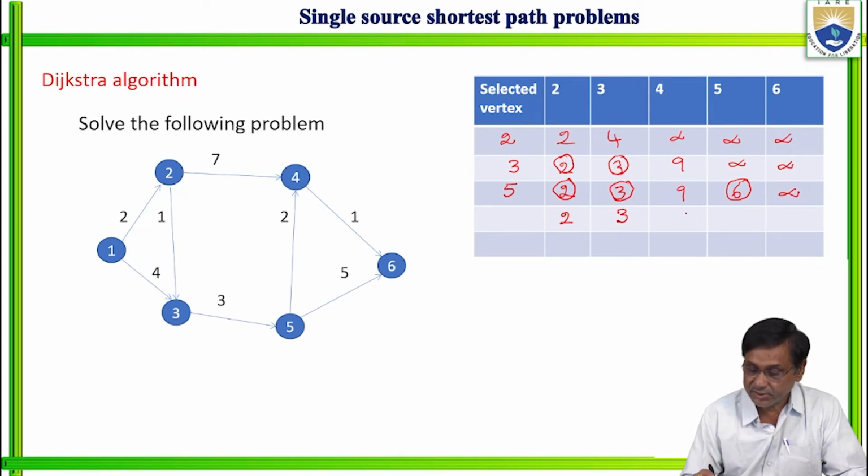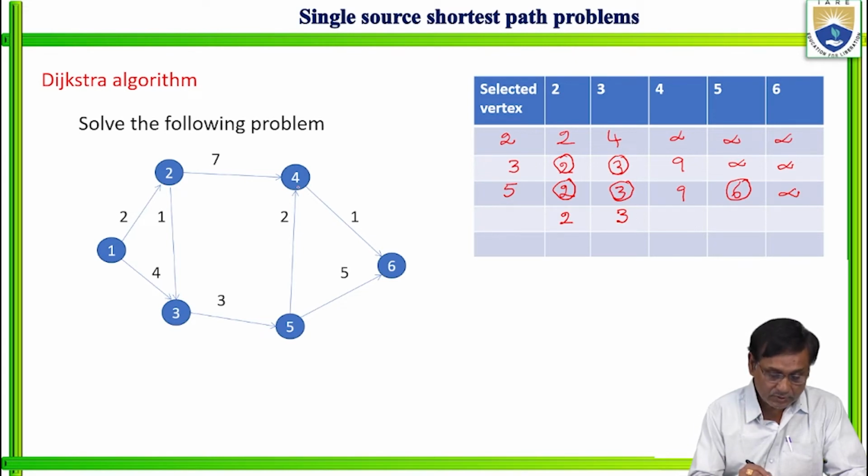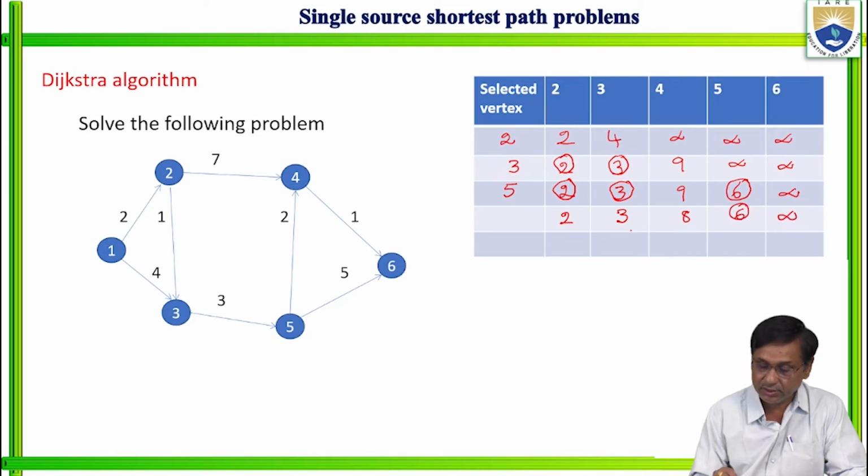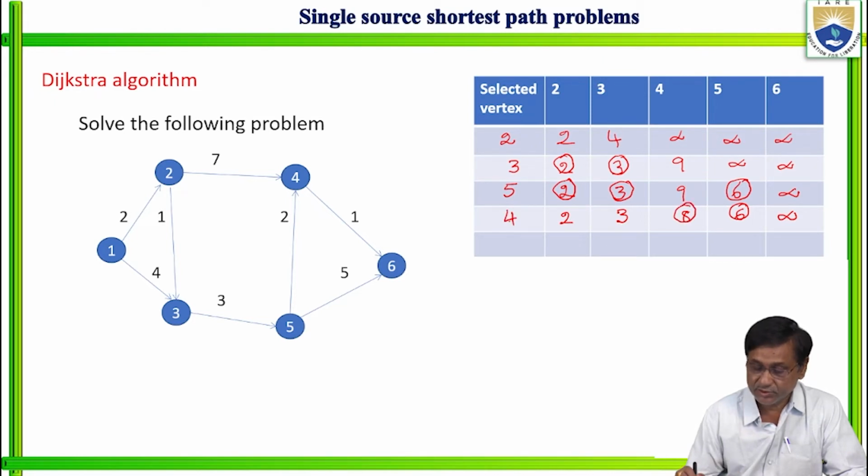And after finding 4, this becomes 5. After finding 5, this is 3 plus 3, 6 plus 2 is 8, and this is 6 only, already found, and this is 8. Now the lowest is 4, so this is selected and the corresponding vertex is 4.